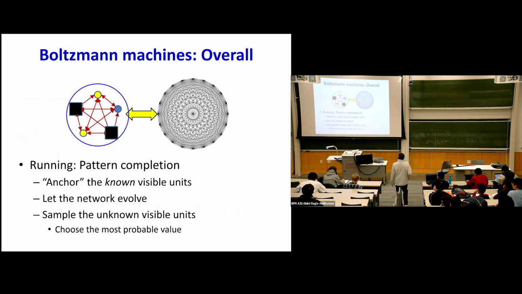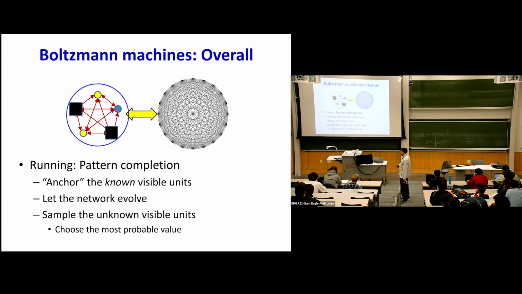Once the network has been trained, then you can go back and use it for things like pattern completion or denoising, the two examples that we saw, right? So for pattern completion, if I know these 2 bits and I'm trying to complete the pattern, then I'd fix these 2 bits. I say this is going to be 1, this is 0. They can never change. And I just let the network evolve and let all of these other bits evolve.